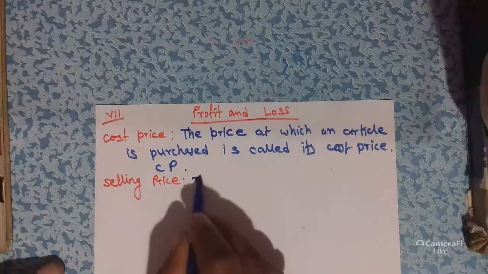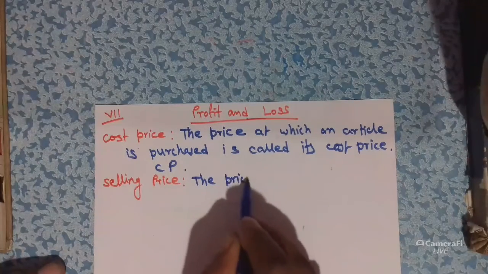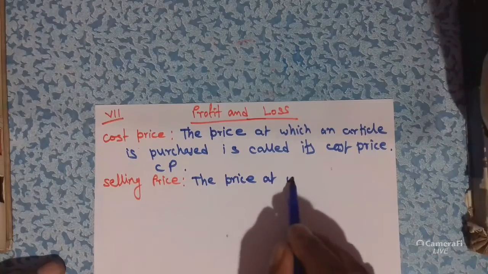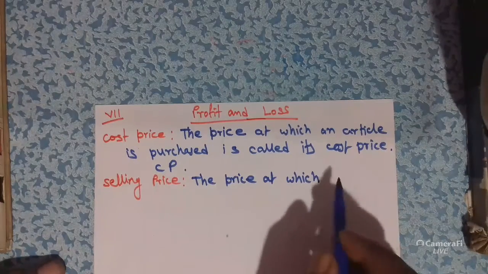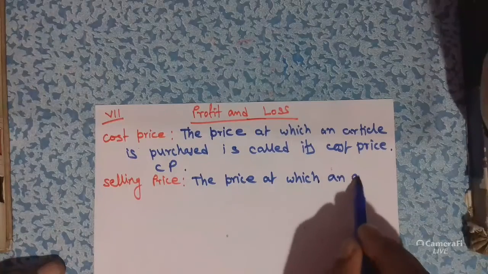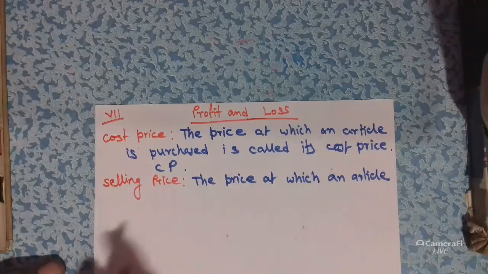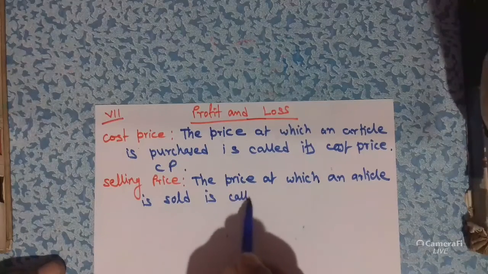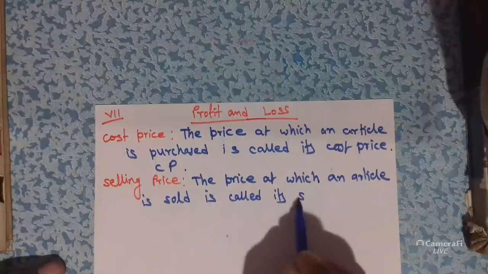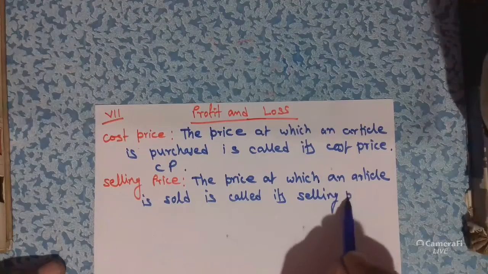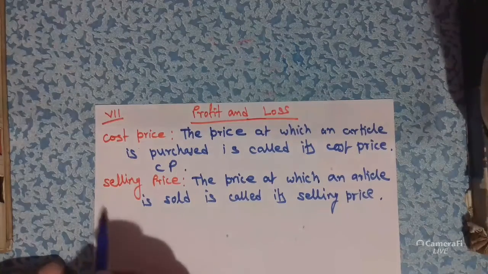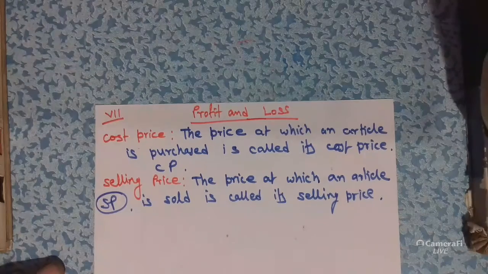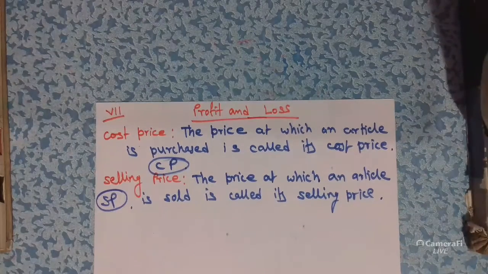The price at which an article is sold is called its selling price, and it is denoted as SP. So SP means selling price and CP means cost price.